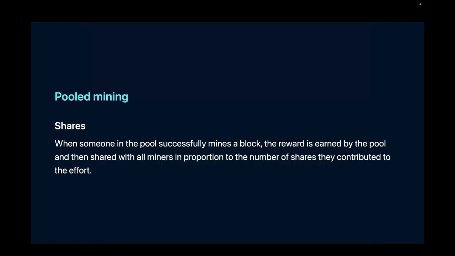So when someone in the pool successfully mines a block, the reward is earned by the pool, and it's shared with all the miners in proportion to the number of shares they contributed to the effort.